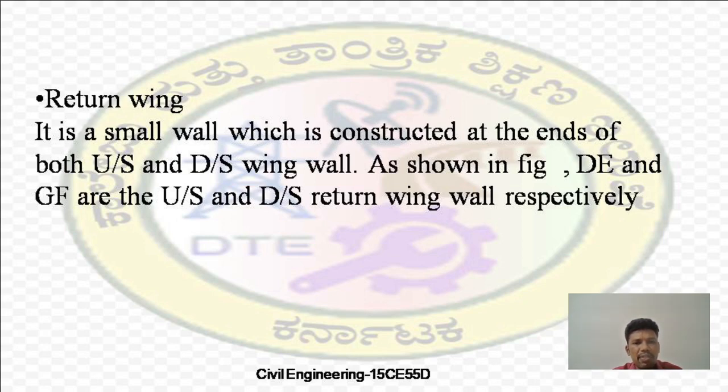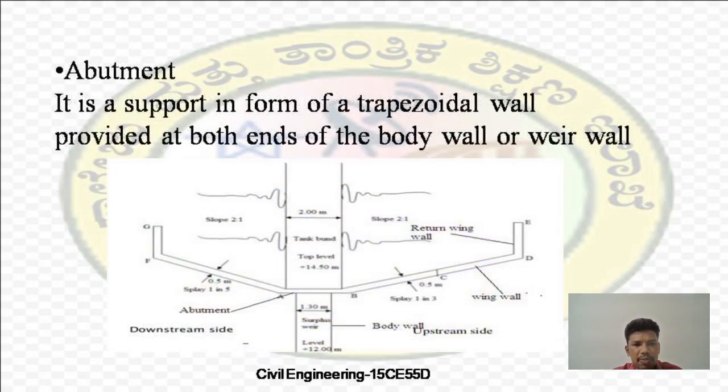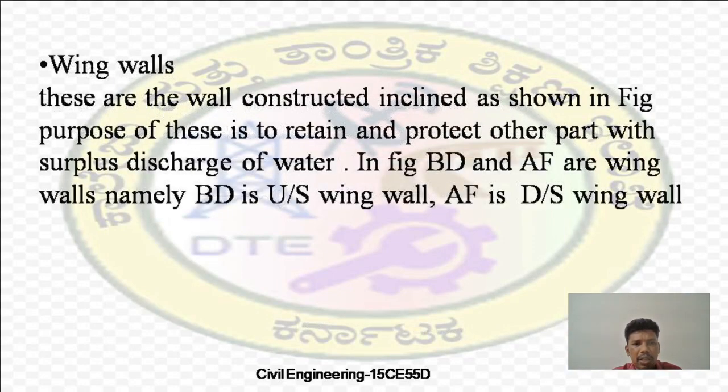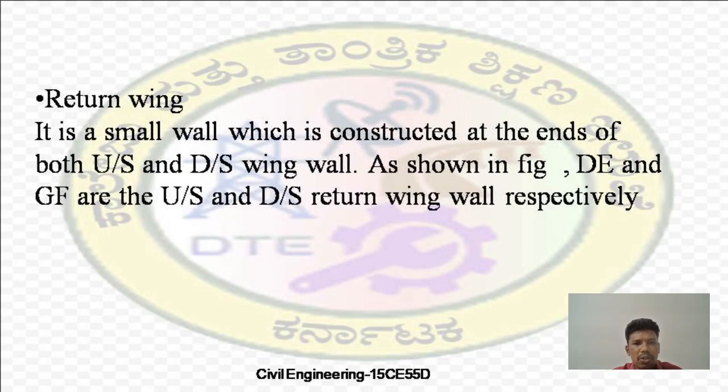As shown in the figure, DE and GF. Once again I will show it, where GF and DE are the what? Return wing walls, upstream and downstream wing walls respectively, where DE is the upstream return wall and GF is the downstream return wall.